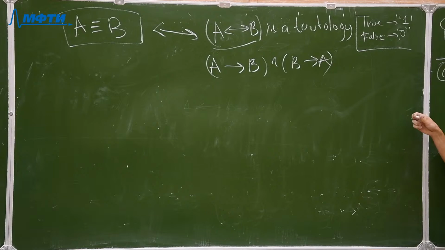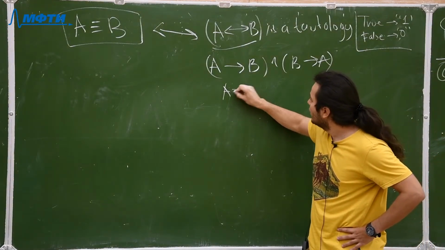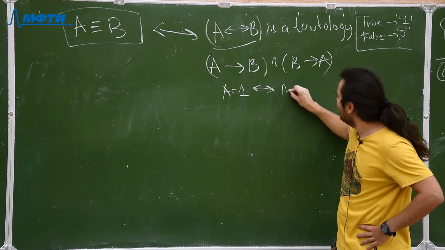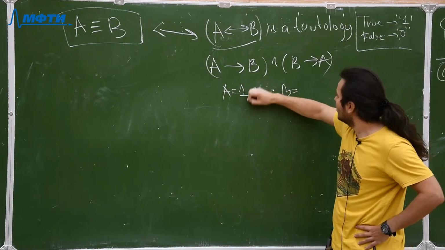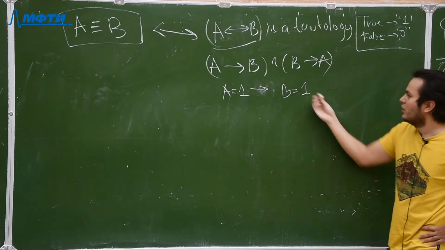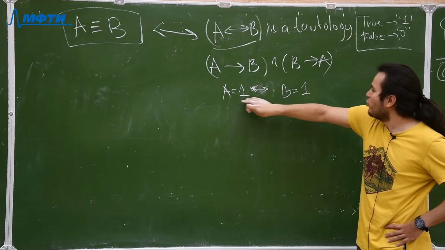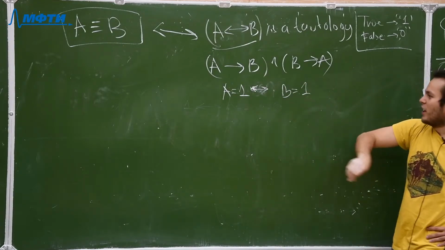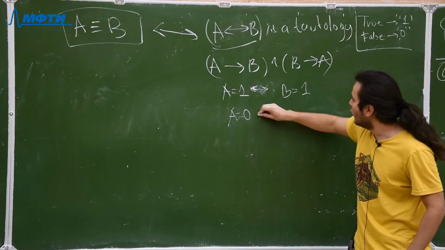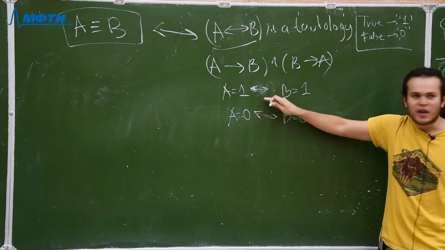And so if A is true, then B is true. And in this way, A is true if and only if B is true. And we can say also that A is false if and only if B is false. So it's the same, right?